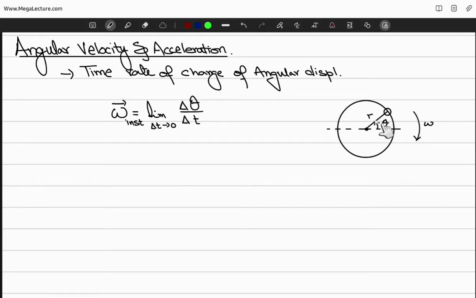why don't you think what would happen if the string suddenly breaks? What would happen at that point? Considering that the angular motion was in this direction, the body is rotating in this direction about this center point.